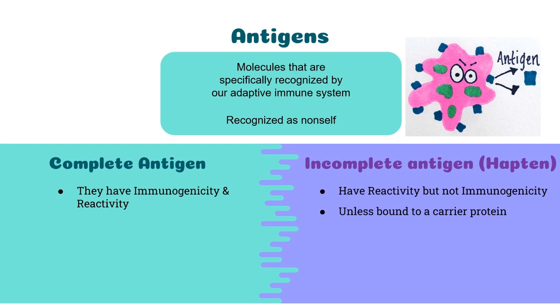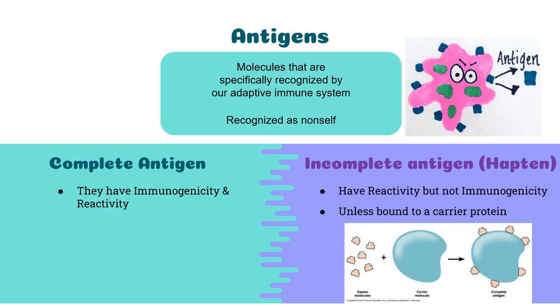So a complete antigen has these two functional properties, while the incomplete antigen only has reactivity without immunogenicity, unless it binds to a carrier protein, then it becomes a complete antigen. Also, the incomplete antigens are known as haptens.